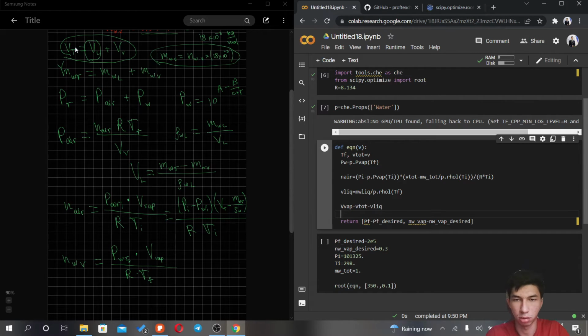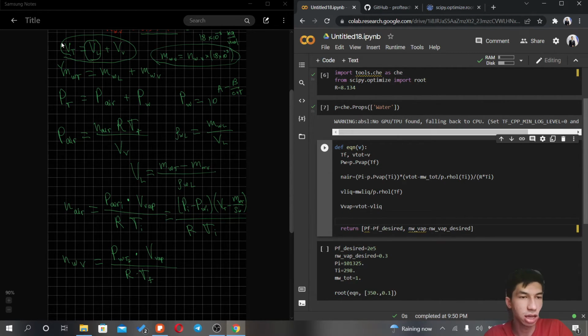So the next equation is the partial pressure of air. As we don't know anything about the air, we can assume that it's an ideal gas. So we use the ideal gas equation to determine its partial pressure: N air divided by R multiplied by the final temperature, divided by the volume of the vapor, right?